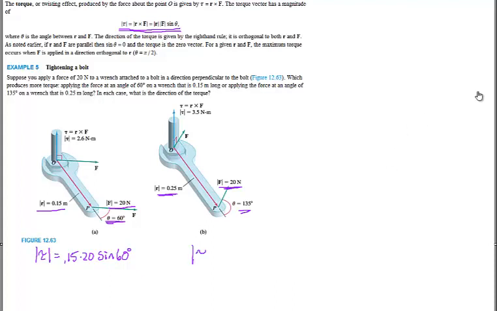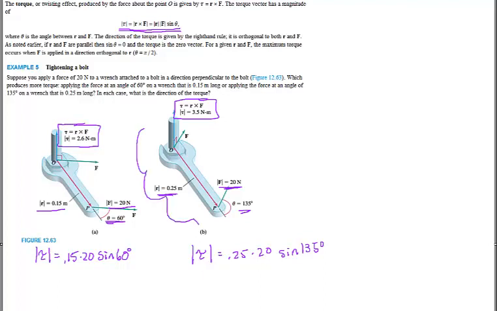Just straight plug and chug as far as this is concerned. 0.25 times the 20 times the sine of 135. They've already crunched those numbers for us, and they tell us that this torque would be 3.5 newton meters, and this one would be 2.6 newton meters. So the B wrench is the winner of which one would apply more torque.